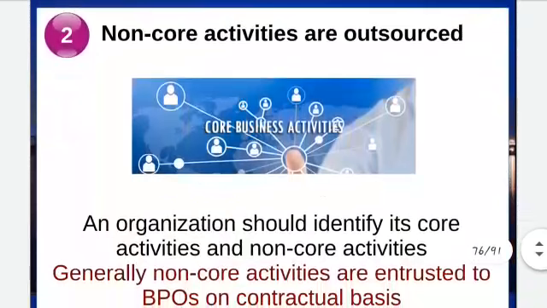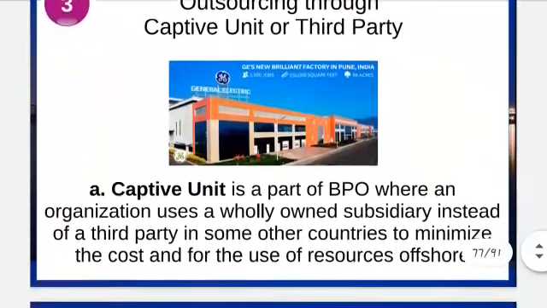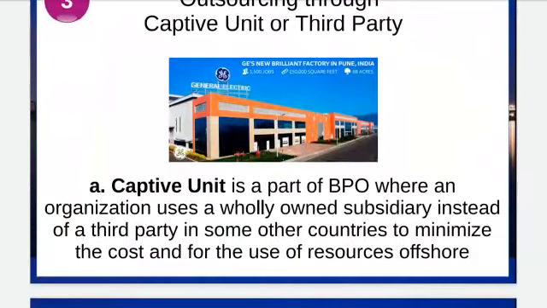Then non-core activities are outsourced. Basically, non-core activities, the activities which are of daily need, are given to the other agencies, and the core or main activities are done within the organization only. Then it is done through a captive unit or a third party, as I already told.